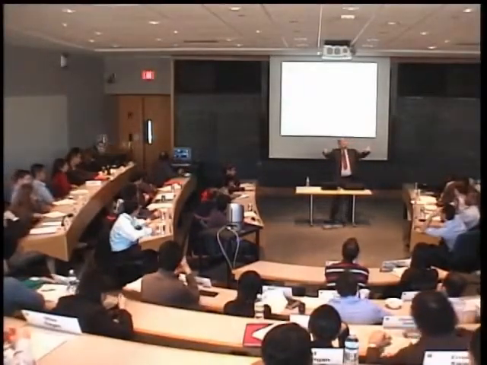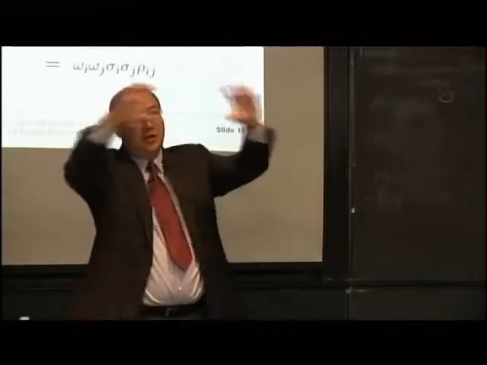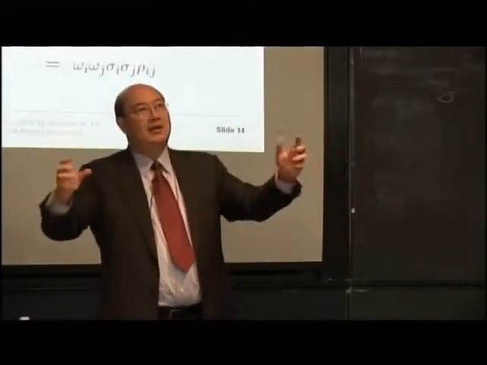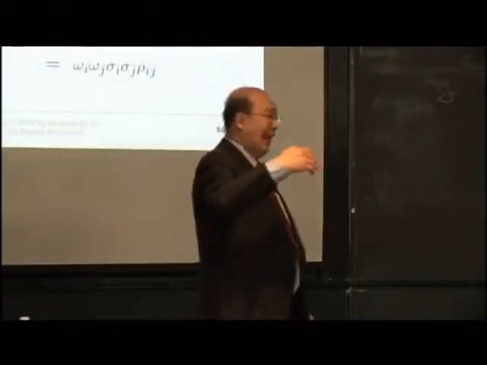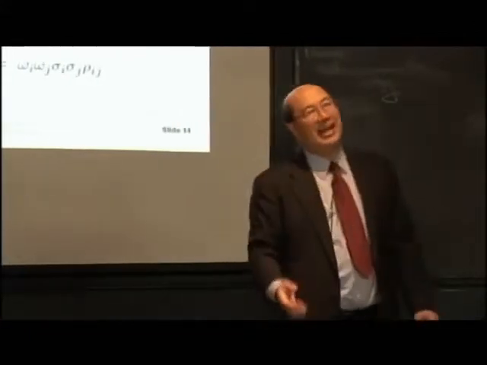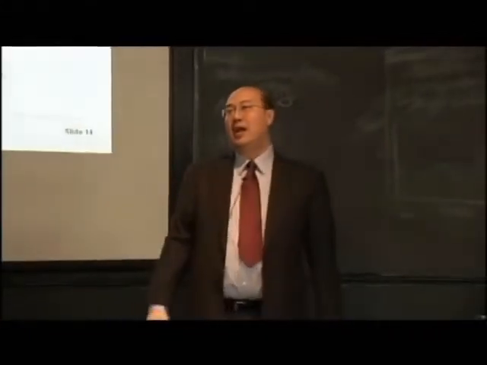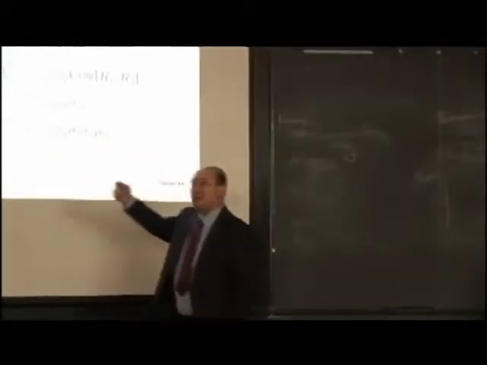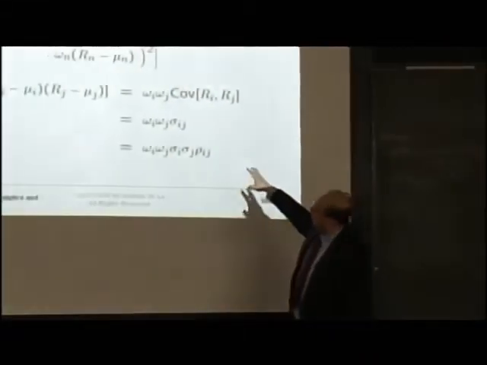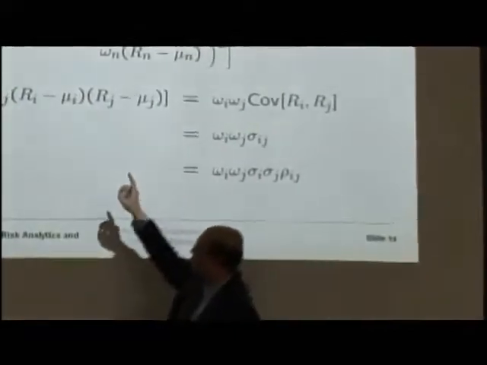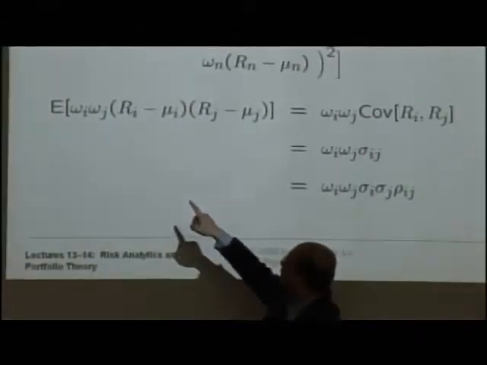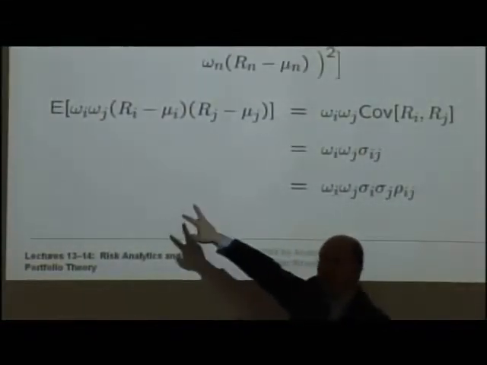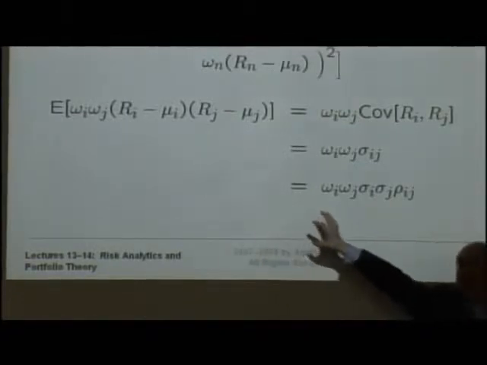So with n terms, when you square it, n terms multiplied by n terms, you get n times n terms, n squared terms. And so these n squared terms all look like this. They all look like omega i times omega j multiplied by the excess return of i times the excess return of j.